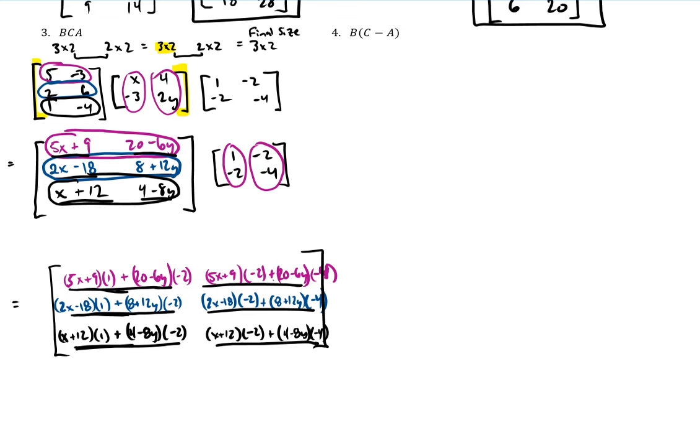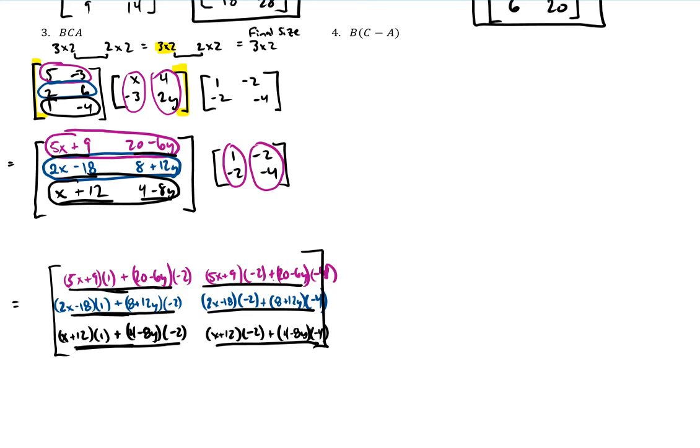Okay, and with parentheses like this, at least, remember we can kind of check. Notice right here, these are all 1s, and then these are all negative 2s going vertical here in the second part of our multiplication. And then same deal with this. These are all negative 2s right here, and then these are all negative 4s right there. So it looks like the setup's good.